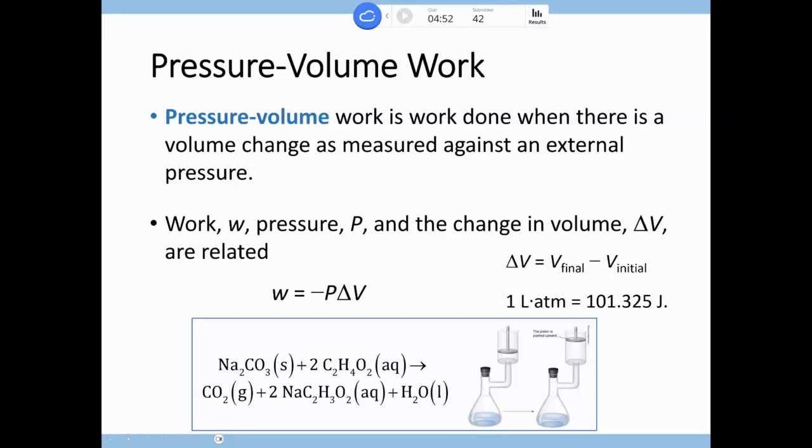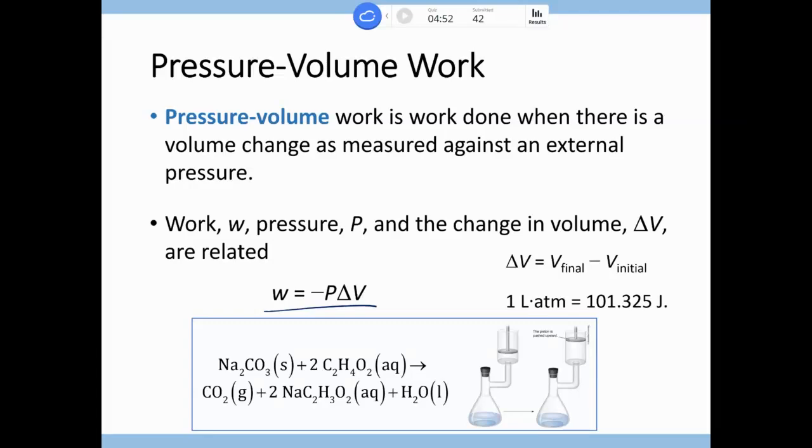The work that is done, W, pressure, which we represent as capital P, and the change in volume are related in this equation: work is equal to the negative external pressure times the change in volume. Our change in volume is final volume minus initial volume.